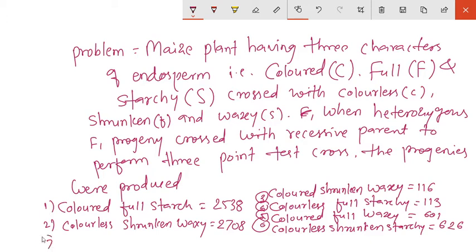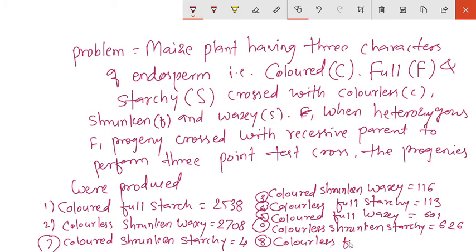The seventh progeny is colored shrunken starchy, 4. And the eighth progeny is colorless full waxy, 2.